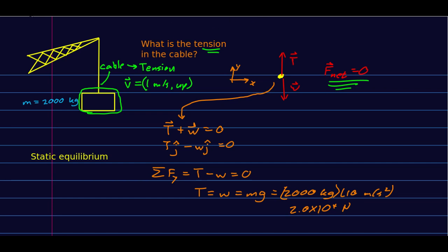Well, now, instead of static equilibrium, this is an example of dynamic equilibrium. And look, the tension came out exactly the same because nothing at all changed. The velocity is irrelevant to what the force exerted by the cable is.